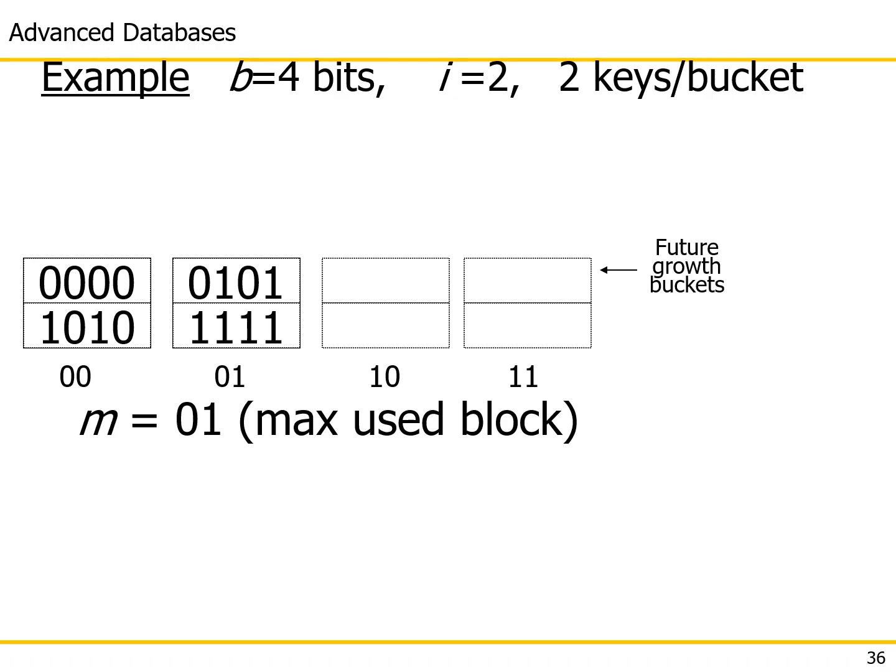So I've got bucket 0 and bucket 1. If M was the equivalent, in decimal, of 56, then I've got from bucket 0 to bucket number 56. So M is telling me which one is the last one. What are my boundaries in terms of buckets or pages on disk? I know where the start is, which is 0, but what is the last one? And that's the purpose of M.